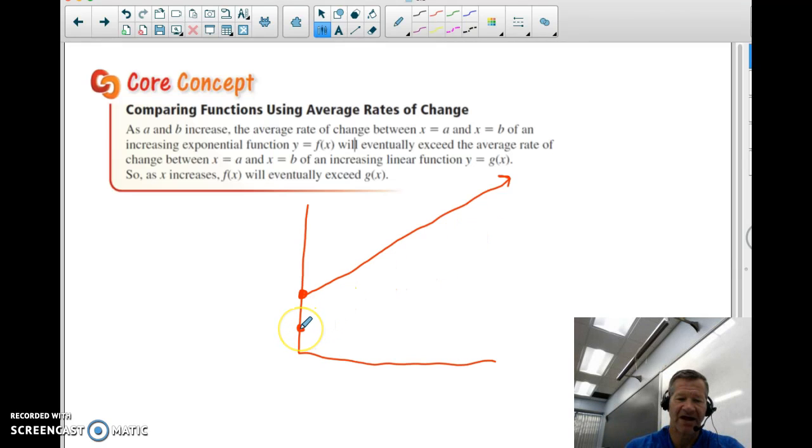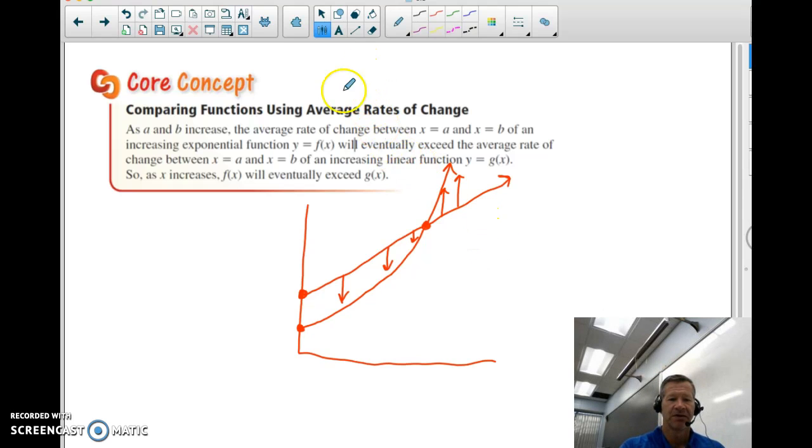So the line will be higher than the exponential in the beginning, but because the exponential starts to curve upward, eventually, while the exponential function has a value less than the linear function in the beginning, that distance begins to close, and now they're equal at this point, and now the exponential function overtook the linear one as time went on.